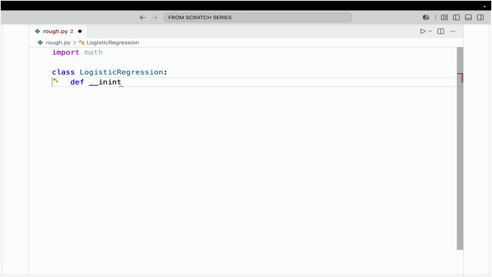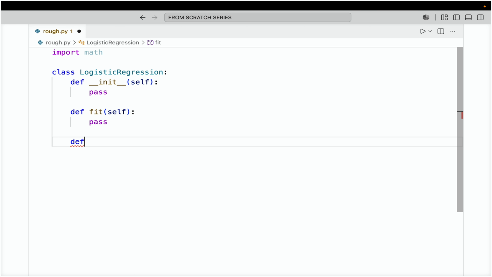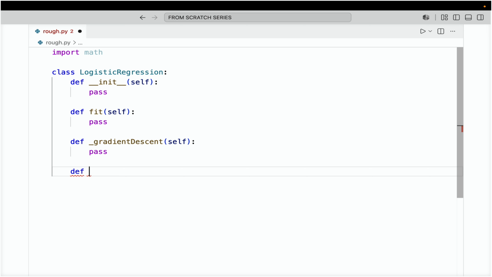Let me build the init, and the fit method, and the gradient descent. Get the predict method.